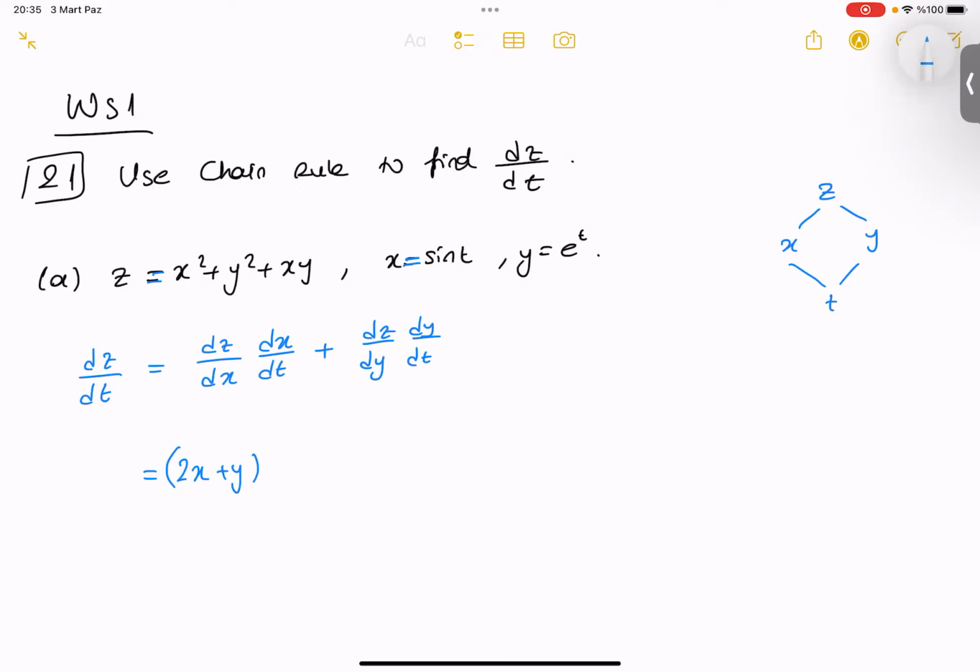So the derivative of x with respect to t is cosine t. Plus, now dz over dy. Again, go back to this equality. So we get 2y plus x. Now dy over dt is e to the t itself, right? Here we have y. So we get this.